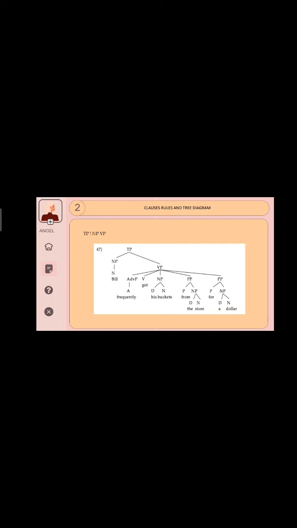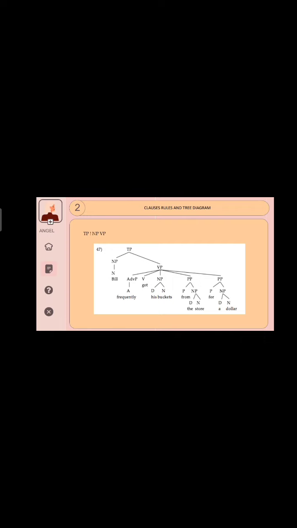noun phrase, or NP, our noun is Bill, and then we have the verb phrase, our adverb phrase, adverb frequently, and the verb got, and the NP noun phrase has a determiner his, and the noun is bucket, and the prepositional phrase has a preposition from, and then the noun phrase determiner the, and the noun is store.